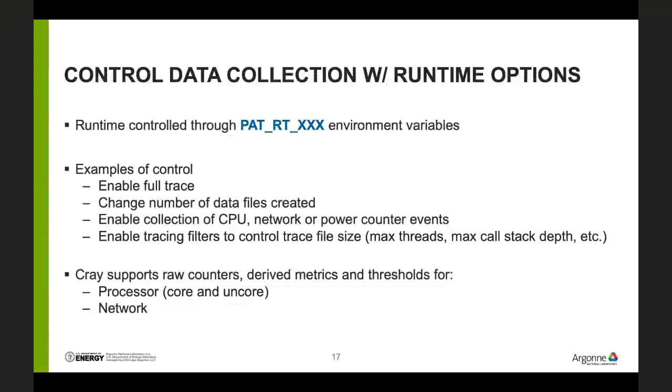Also enable the collection of CPU, network, and power counter events. Also set trace filters to control the trace file size, for example the maximum trace size or the maximum call stack depth, etc. And again, Cray supports raw counters, so you can use hardware counters for the processor, network, and power.